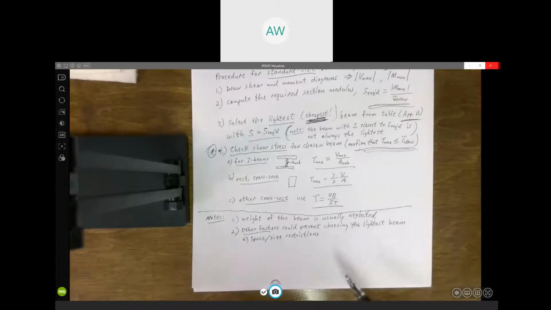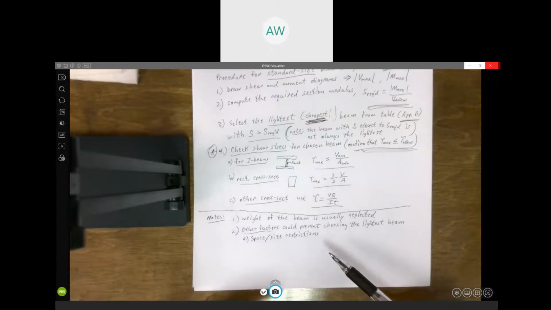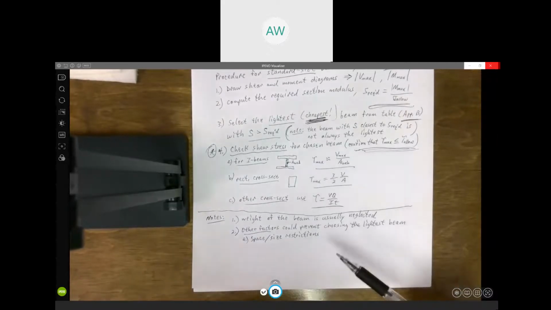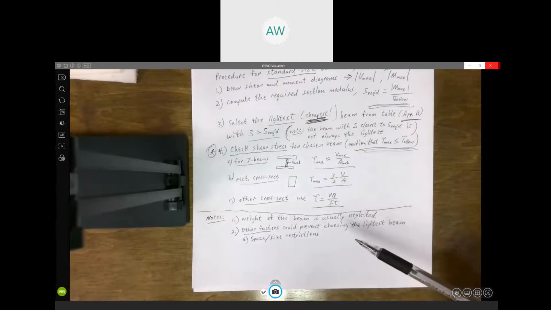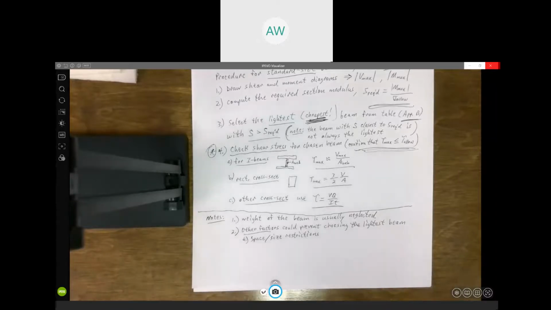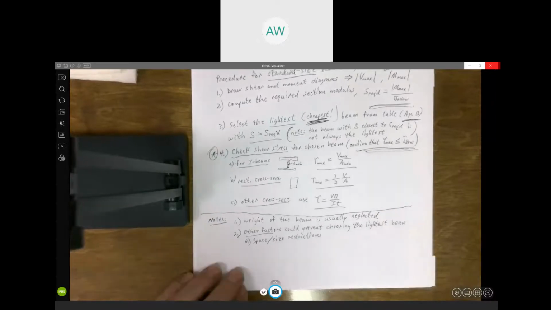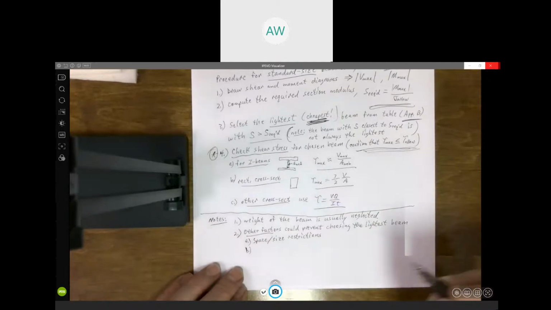It could be that the lightest beam is too tall or too wide. It won't fit where you have to use it. In that case, obviously you can't choose the lightest one if it won't fit where you want to use it. So that would be an example of something else that could prevent you from choosing the lightest one.